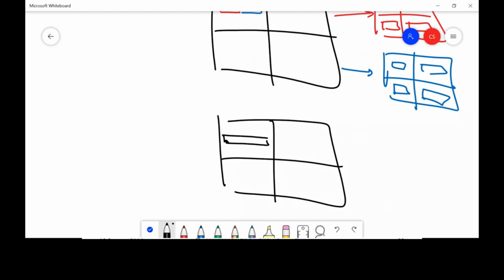So we have bit 7, 6, 5, 4, 3, 2, 1, 0. This is the most significant bit. This is the least significant bit, depending on where you're coming from. B0, B1, B2, up to B7. Okay, and in principle, I'm using all of them.